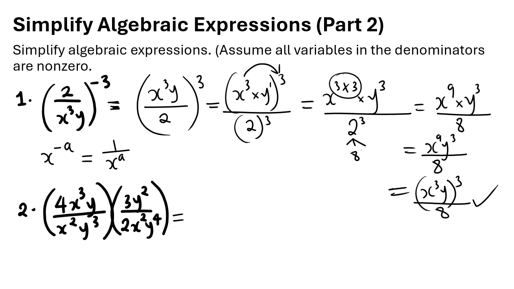For the second problem, what I'm going to do here is just make sure that I have all the like terms. So I'm going to combine 4 times 3 because this is all multiplication. So 4 times 3 is going to be 12. And I'm going to look for x to the third power; the x variable on the second expression I do not have, so I'll just write x to the third power and then think about y.